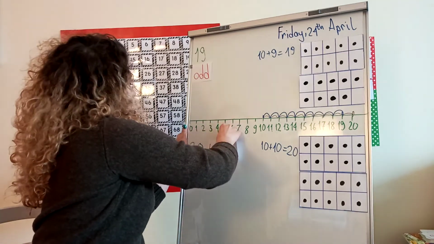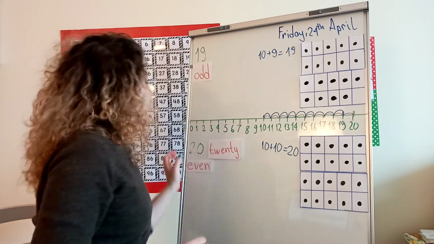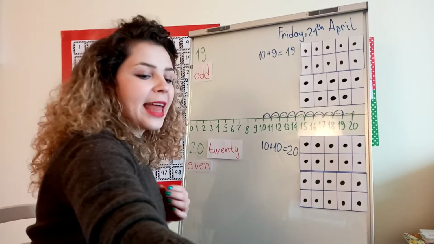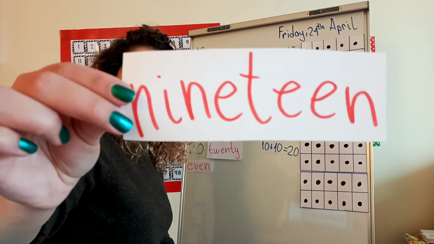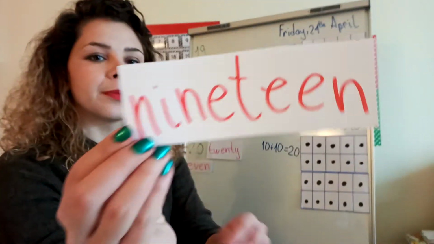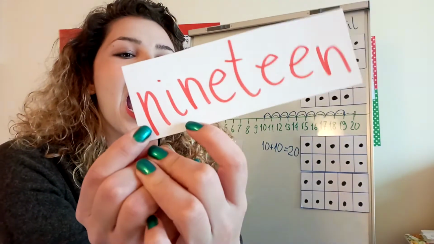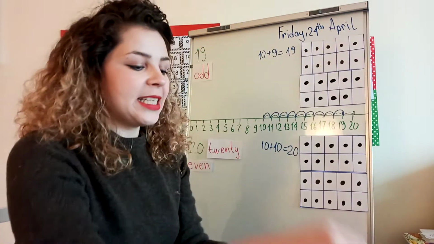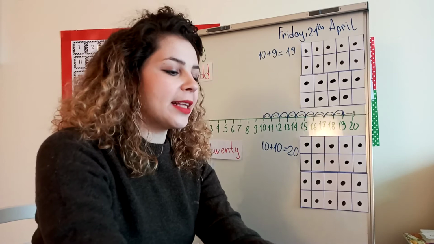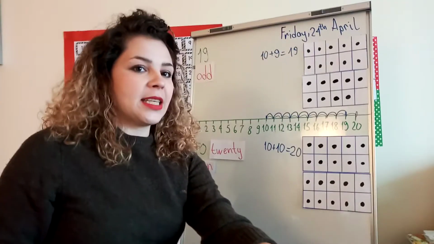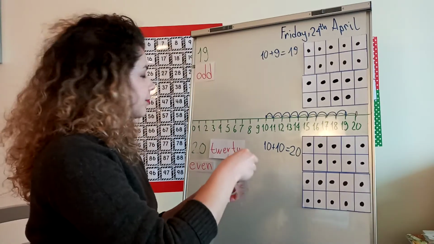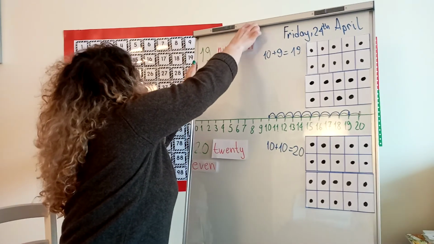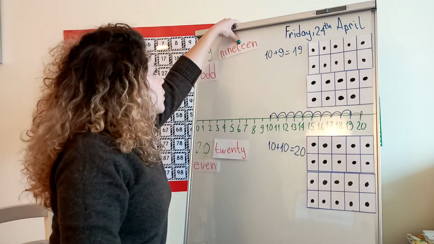Okay, so this is how we write the word 20. Okay, and then let's take a look at this. 19. This is how we write the word 19. Here it is. Okay, so this is the word 19.